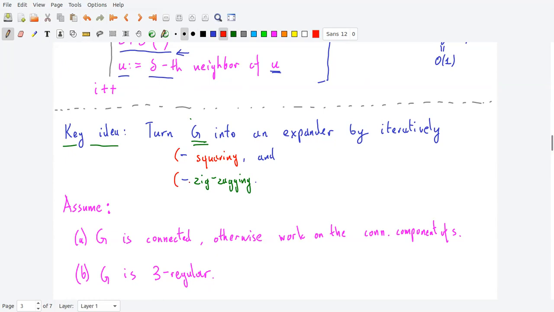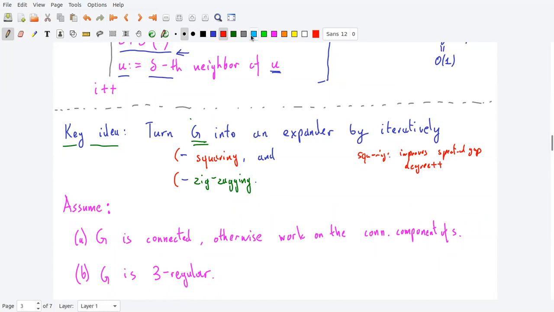One of the operations was squaring a graph, so making new edges out of all the walks of length 2. And this operation of squaring improves the spectral gap. The spectrum gets more concentrated, while the degree is getting larger.